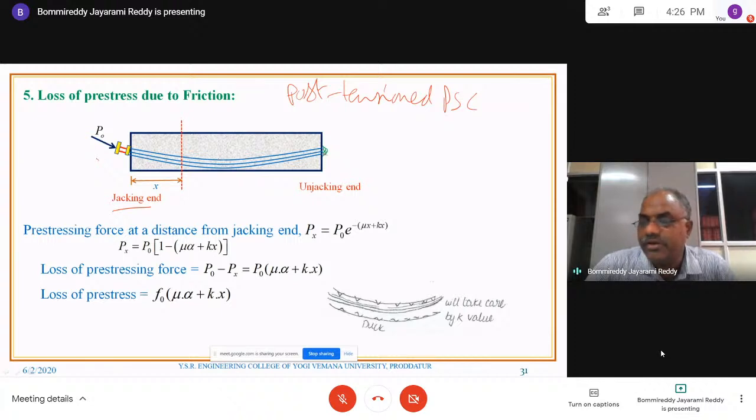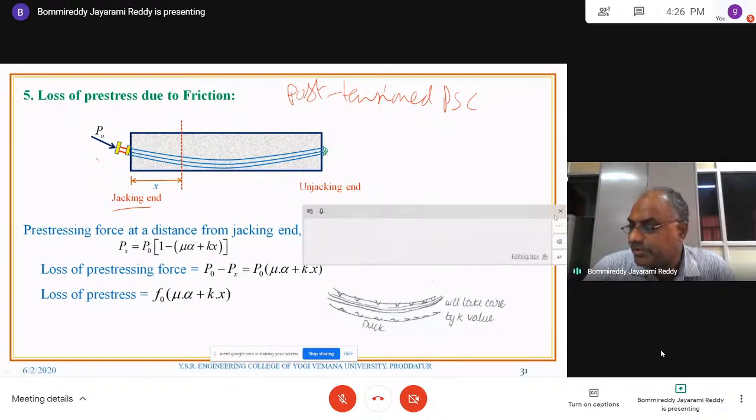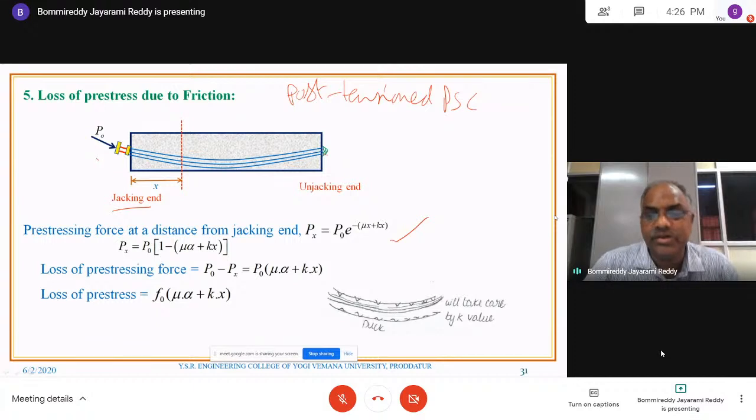Also, the concrete may not be perfectly smooth and small waves may be there, so the wave effect also will be taken into consideration. Accordingly, the code has given the relation between the pre-stressing force at the jacking end and at any other point. Look here, P naught means the initial pre-stressing force, or the pre-stressing force at the jacking end.